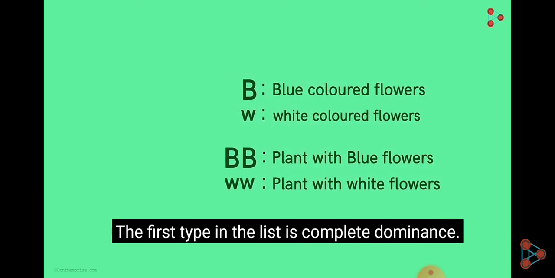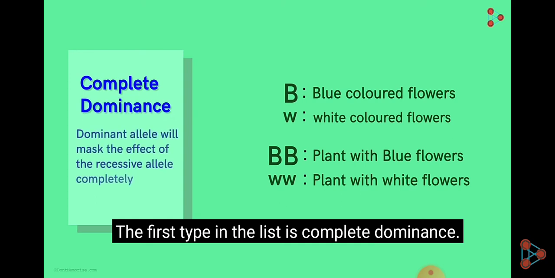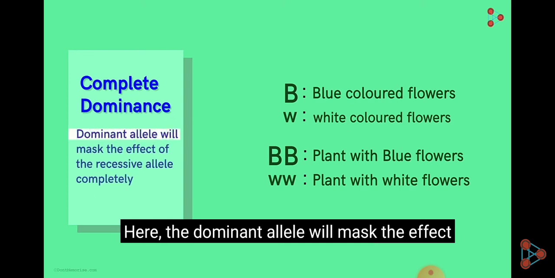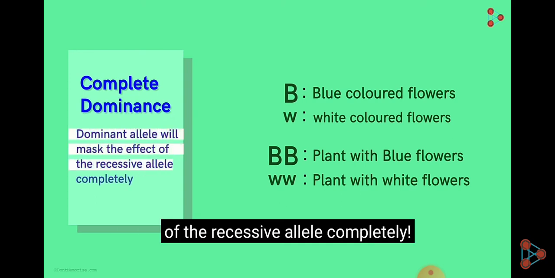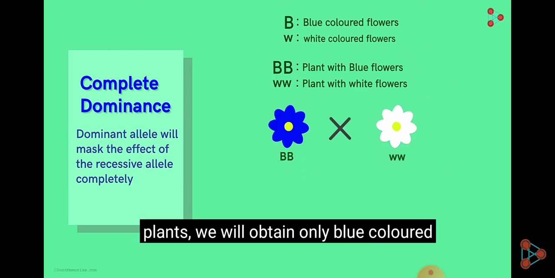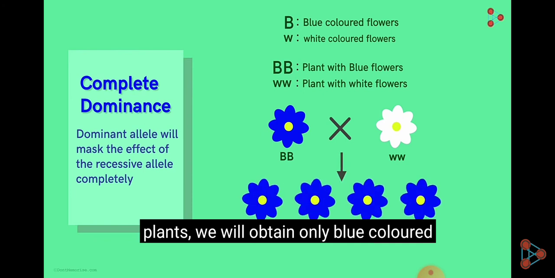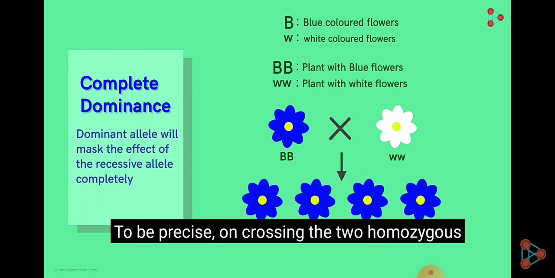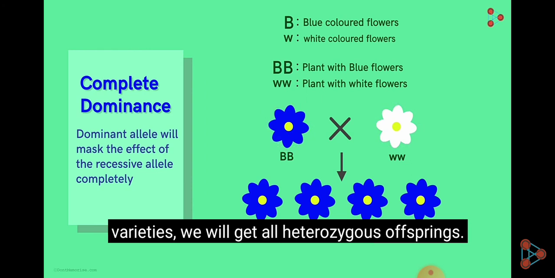The first type in the list is complete dominance. Here, the dominant allele will mask the effect of the recessive allele completely. So on crossing the blue and the white flowered plants, we will obtain only blue colored flowers. To be precise, on crossing the two homozygous varieties, we will get all heterozygous offspring.